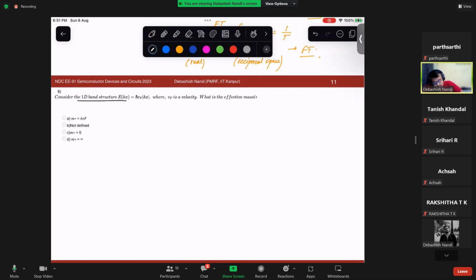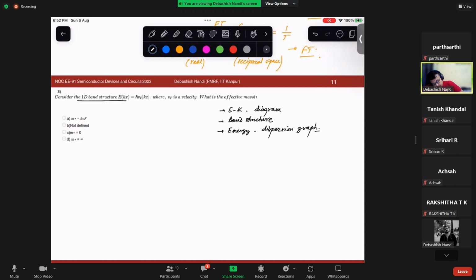By the way, the EK diagram is also called band structure. Band is what? Energy band, right? And this is the energy dispersion graph. These are the same stuff.